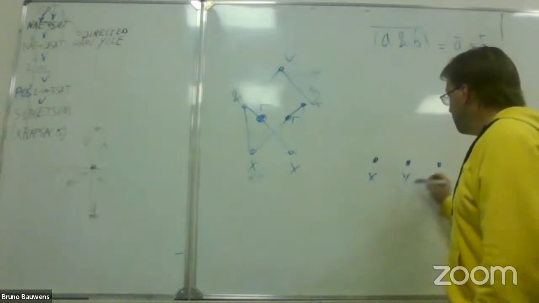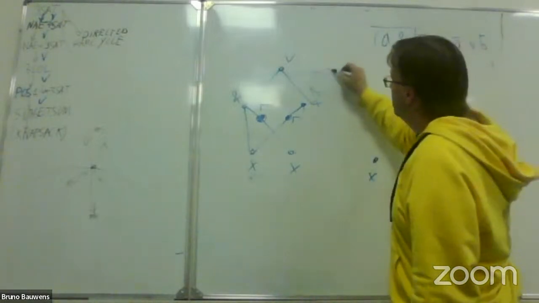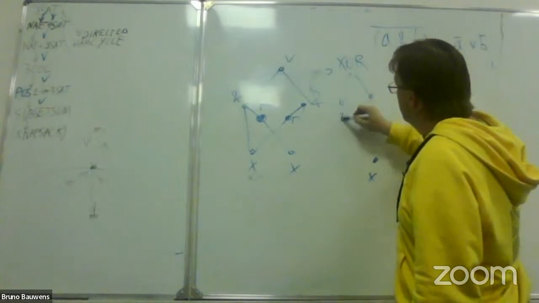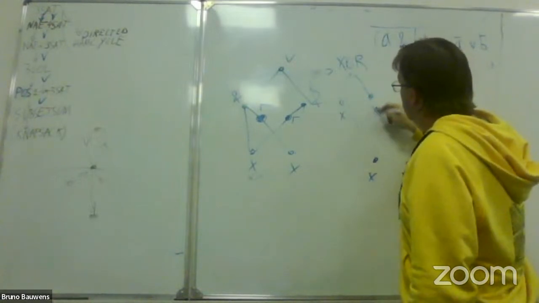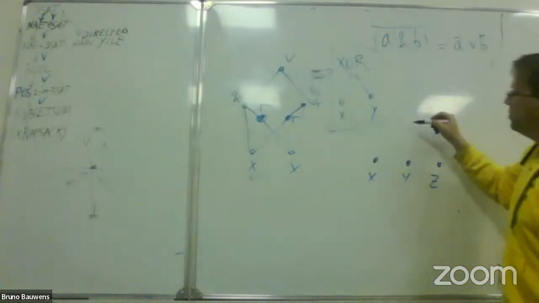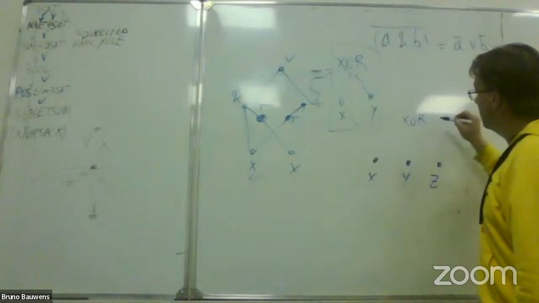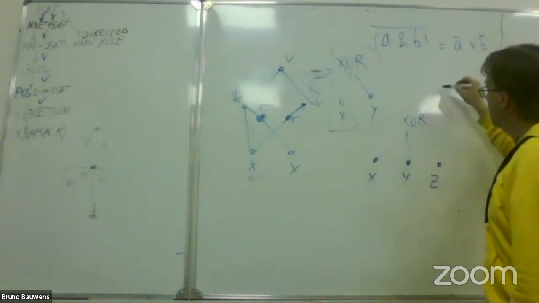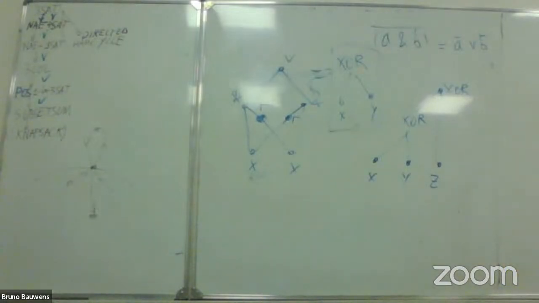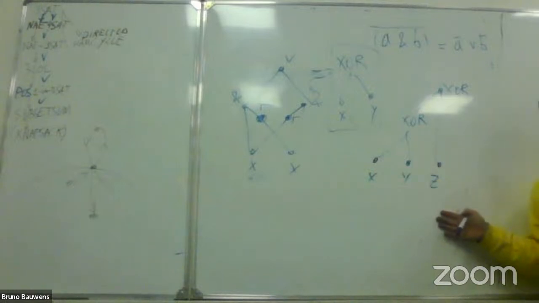So we have X, Y, and Z. Let's replace this by XOR of X, Y, and then we use two XOR gates. So then we have XOR of 3 gates.